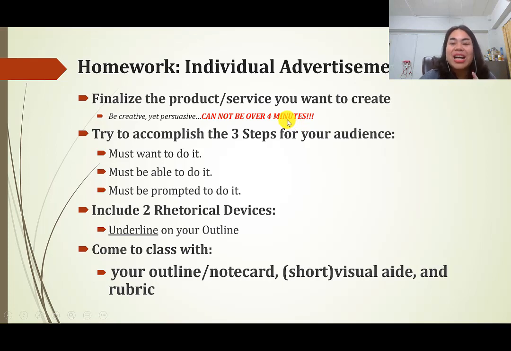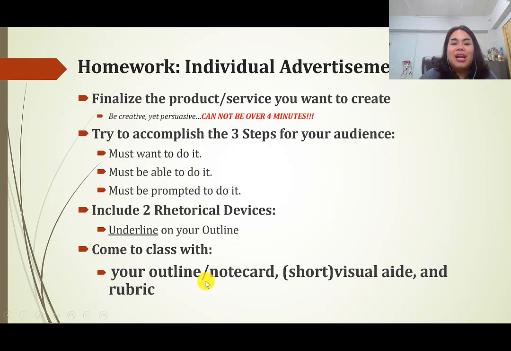Your points will be deducted definitely. And accomplish the 3 steps that I told you. The audience, the customers must want to do it, must be able to do it, and must be prompted to do it. Use 2 rhetorical devices, okay? Underline them on your outline. So in that outline, intro, conclusion, body, and as you fill in the form, underline the devices you chose, okay?